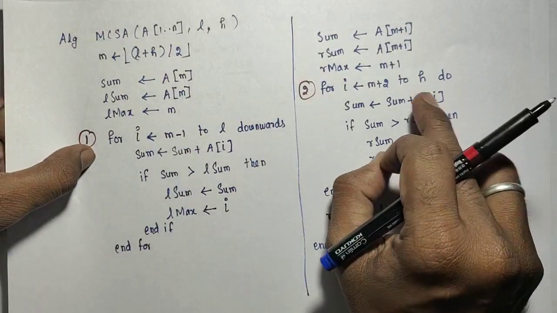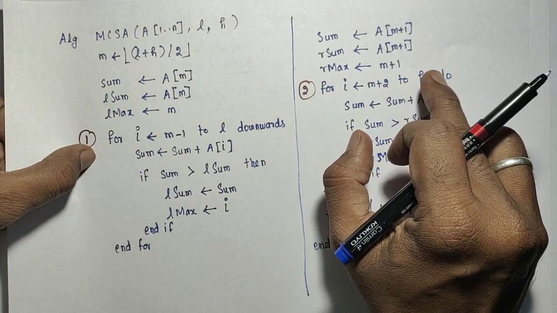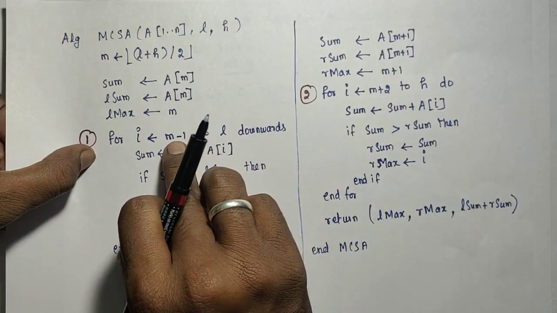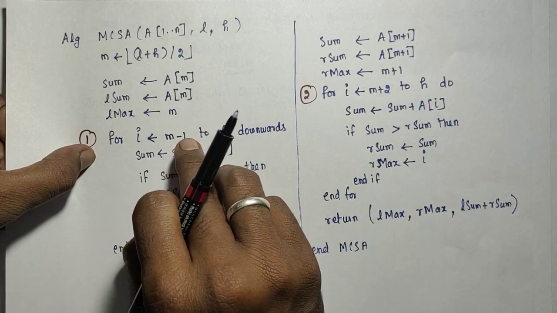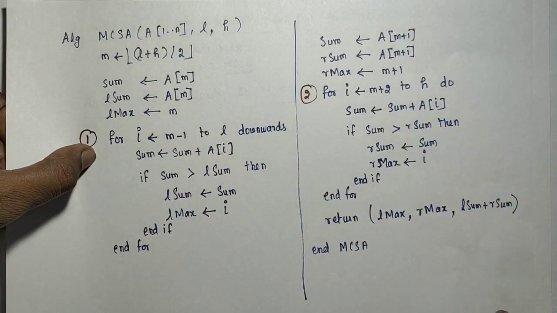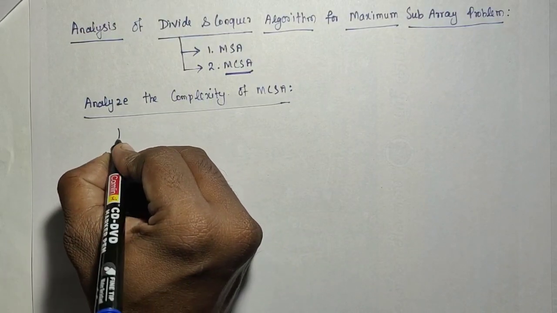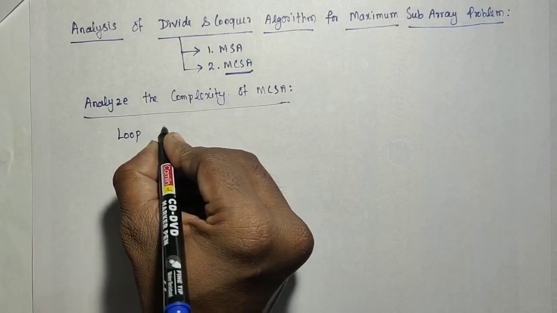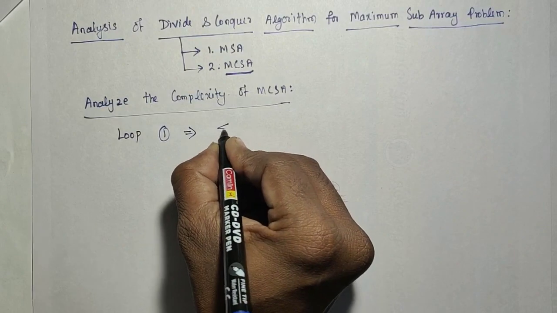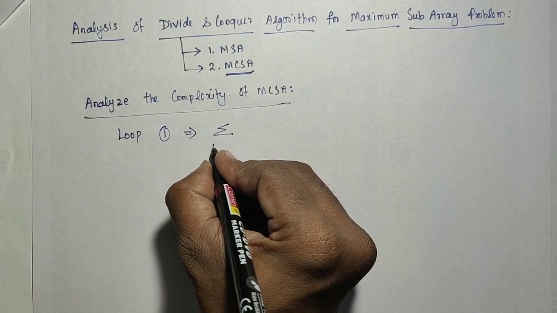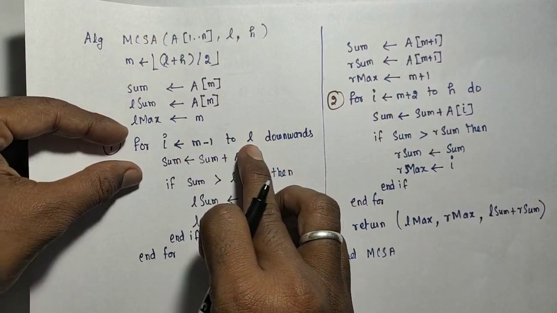But in the normal for loop, this is the lower and this is the upper. Upper minus lower plus 1. Here the upper is this one, so m minus 1 minus L plus 1. That is how we have to write it. So loop 1 can be written as the sum of the statements, where i starts executing from m minus 1 to L downwards.